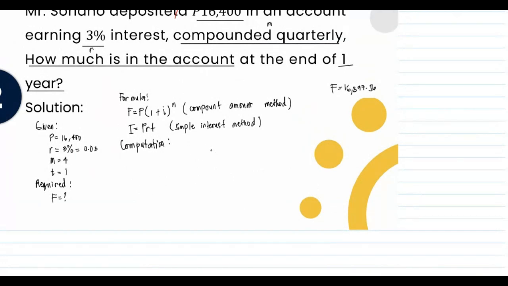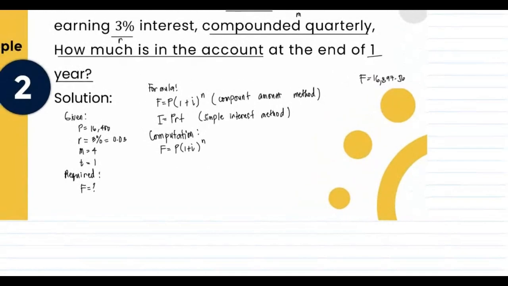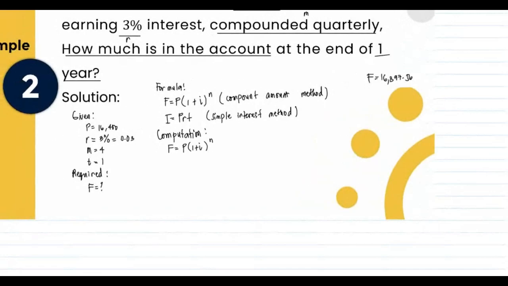So let's try to do now using the formula, which is our compound amount method. If we do that, it would be F is equal to P times 1 plus I raised to n. And again, you have to make sure that you know the value of I and n. The I there is going to be I is equal to R divided by M. So before you go here, you have to calculate that one first.